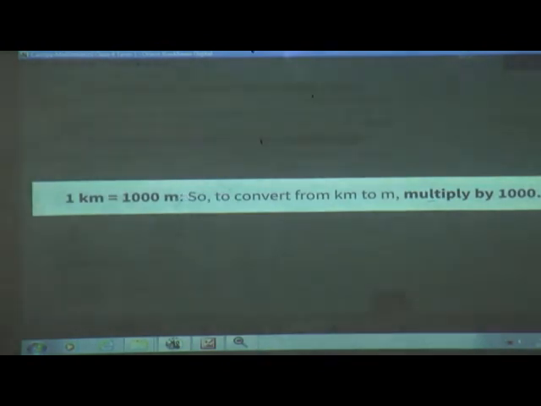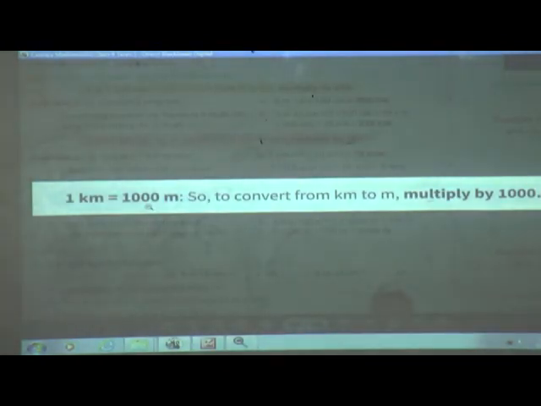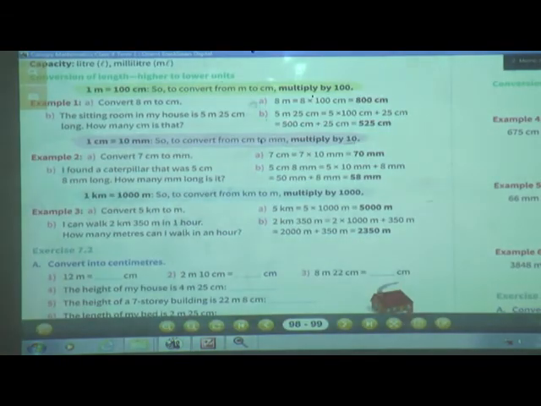And the last one we have studied, 1 kilometer is equal to 1000 meter. So to convert from kilometer to meter, we have to multiply by 1000. Keep in your mind. So first, what you have to keep in your mind? 1 meter is equal to 100 centimeter, 1 centimeter is equal to 10 mm, and 1 kilometer is equal to 1000 meter.